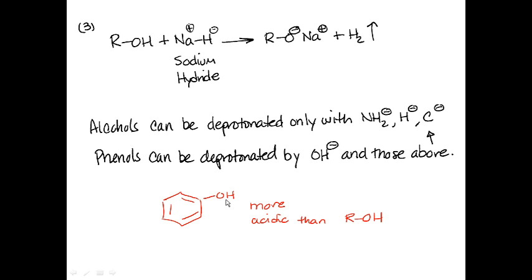And so you can actually deprotonate a phenol using hydroxide. If something's a stronger acid, it means that you can use a weaker base in order to deprotonate it. And so phenols can be deprotonated by hydroxide very easily and in 100% yield.